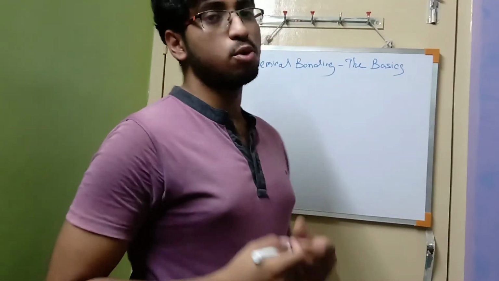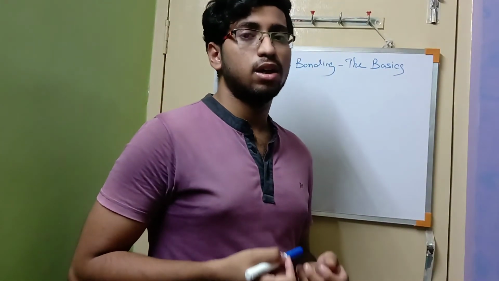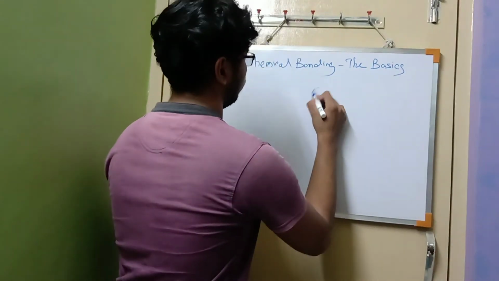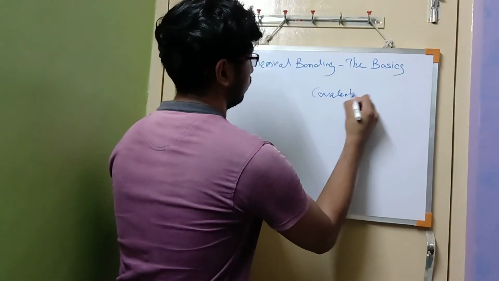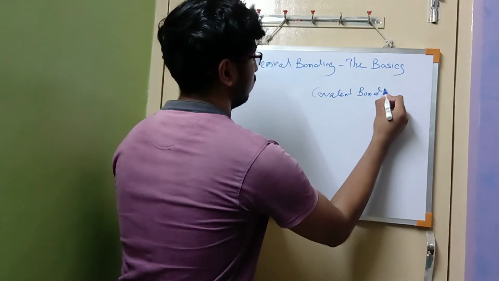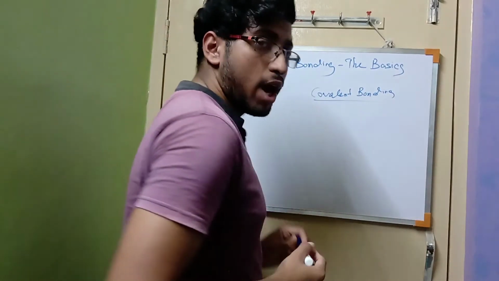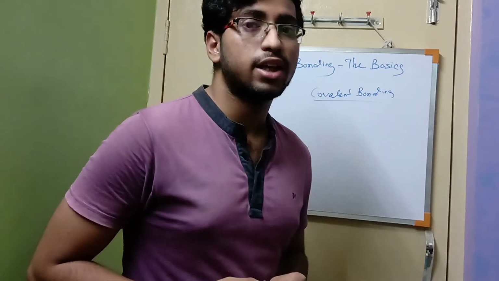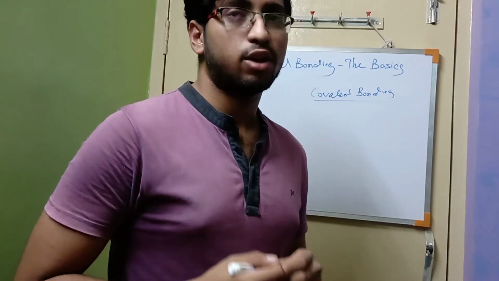Now move to the second type of chemical bonding. What is covalent bonding? It is where there is a small difference between ionization energy and electron affinity.